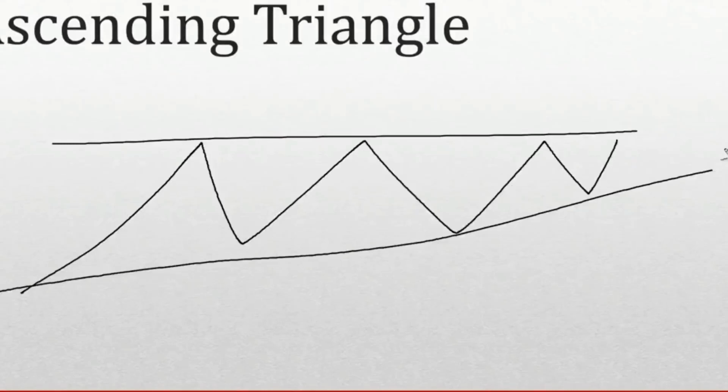The last pattern I'm going to share with you is the ascending triangle pattern. It looks something like this, and you can see that this pattern is a sign of strength, and the reason why I love to trade it is because it's telling you that the buyers are willing to buy at higher prices as the market makes another higher low.